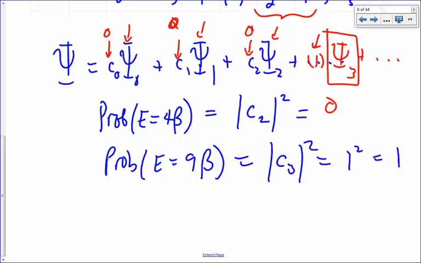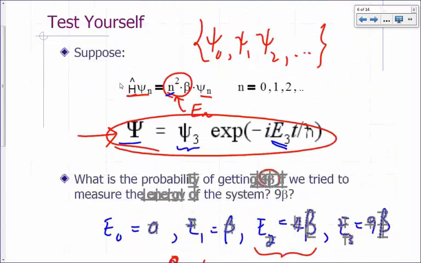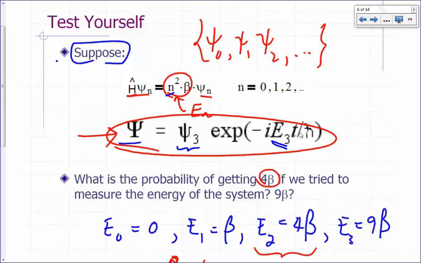If psi is an eigenfunction of the Hamiltonian operator, it has a well-defined energy. In this case, what's the well-defined energy? 9 beta. Okay? Because we said, suppose that psi is equal to psi 3.